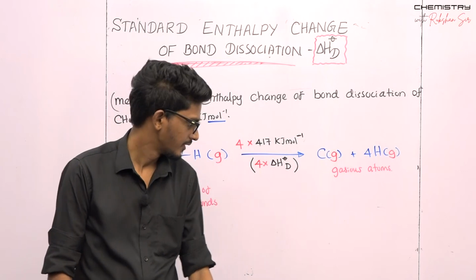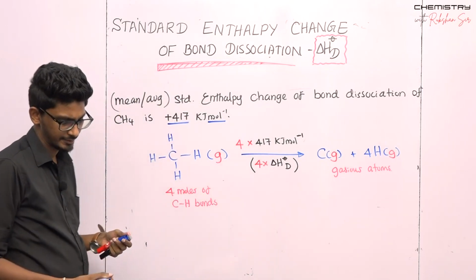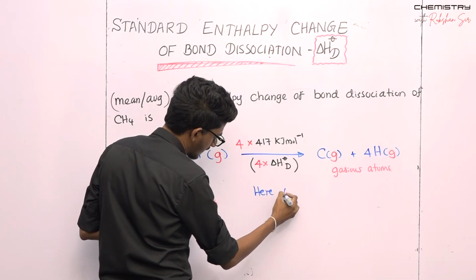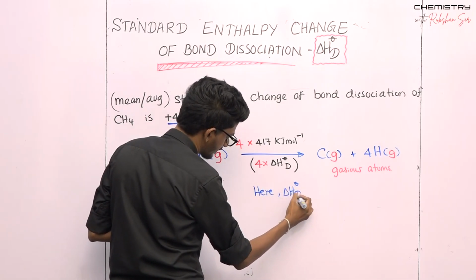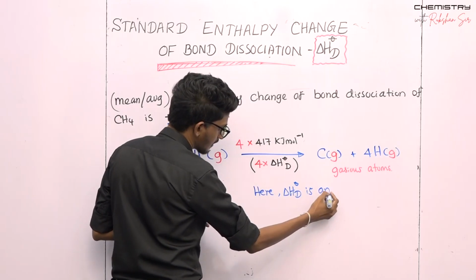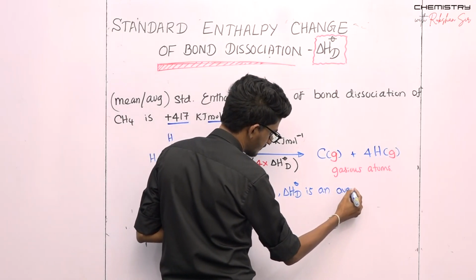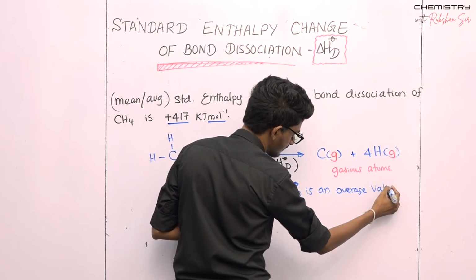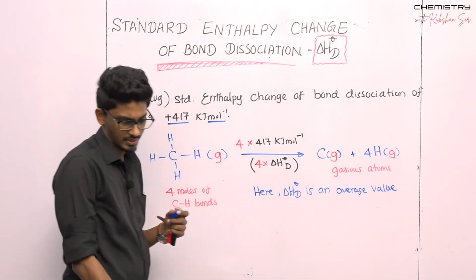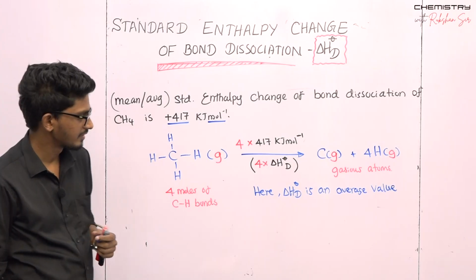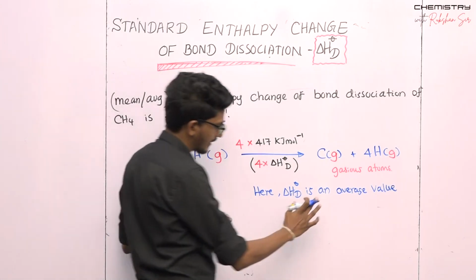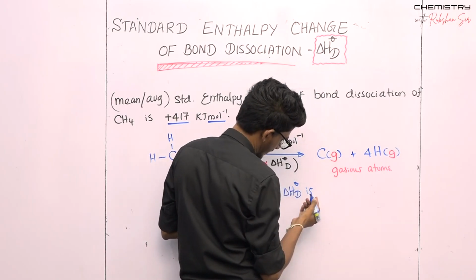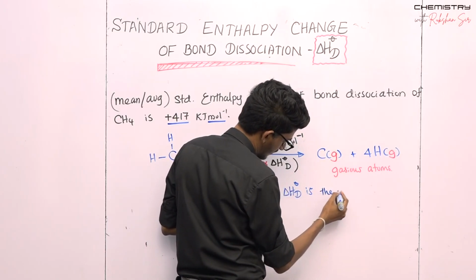Right, so here we can write this term as well. Here delta H naught D is the average standard bond dissociation enthalpy. Sorry, it is the average value, and it is the standard.